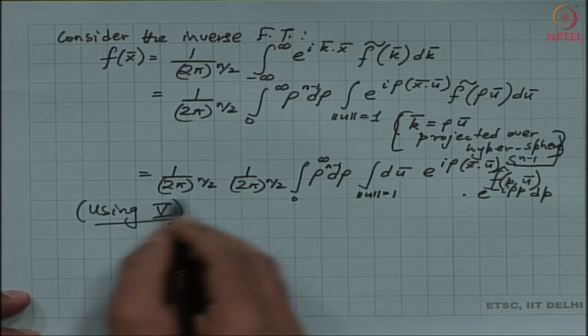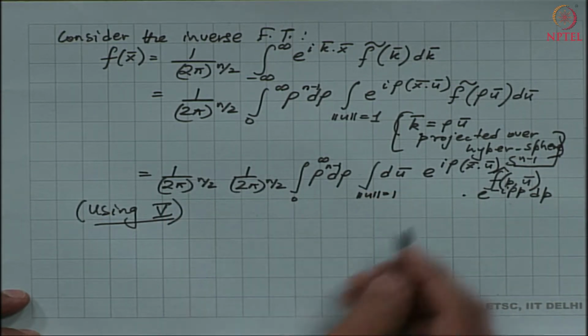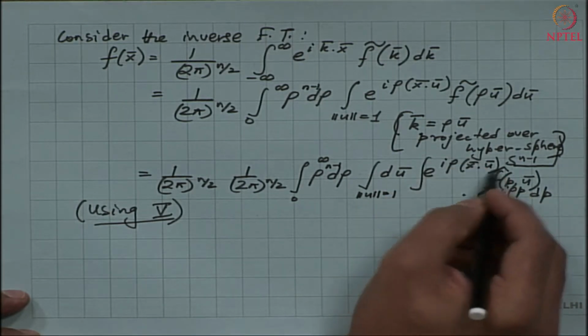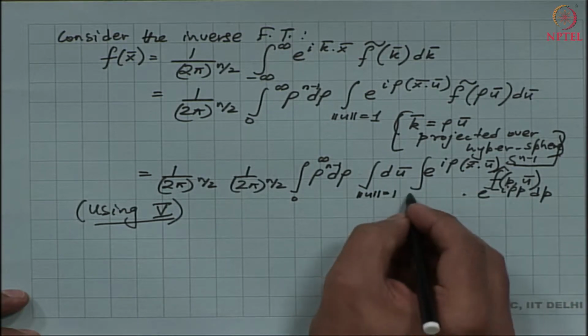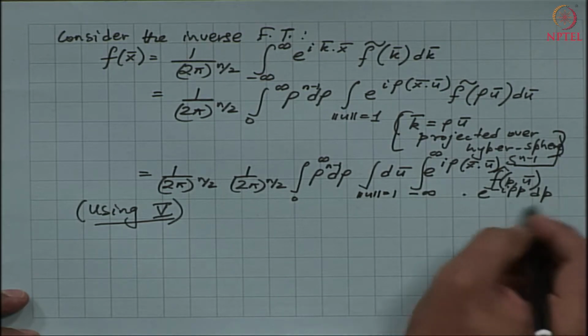So, let me just write this lengthy expression. Well, I must have one more integral to correspond to this inverse with respect to p. So, this is the integral from negative infinity to infinity, and this integral is with respect to this element p.